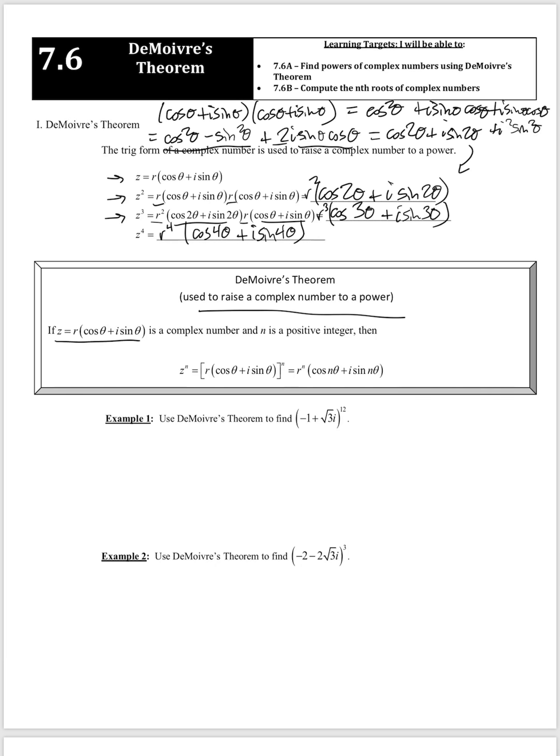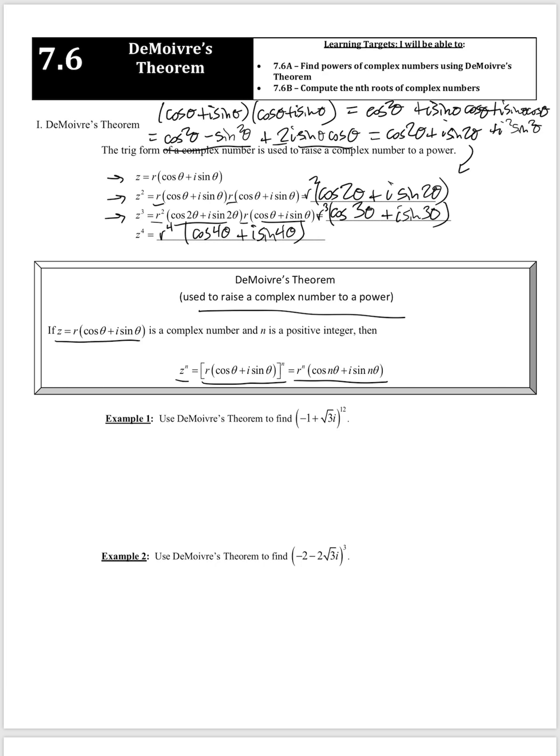So if we have this complex number in polar or trig form, and it's being raised to some positive integer power, then z to that power, well, that's raising the entire complex number to that power, which equals r to that power times cosine of that power times theta plus i times sine of that power times theta.